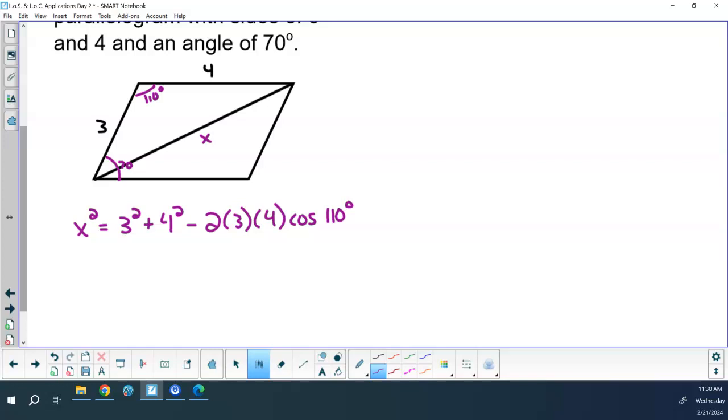Calculator's got to fire up. And use my cheaters. 4 squared minus 2 times 3 times 4 times the cosine of 110. I get that.